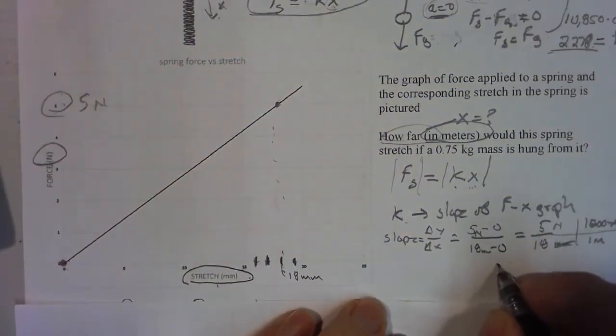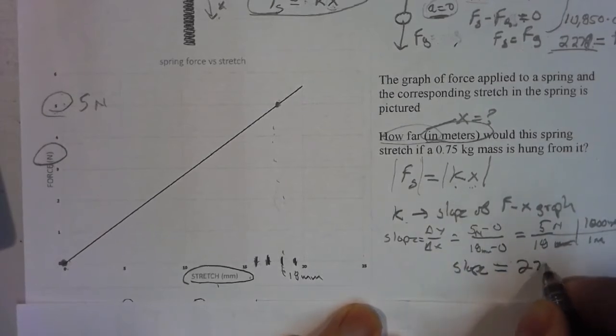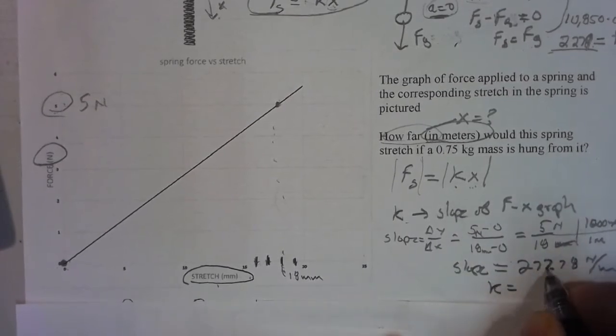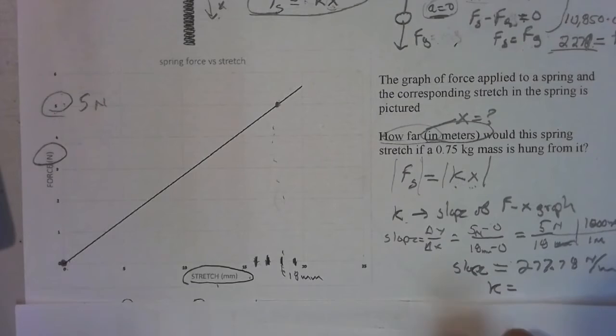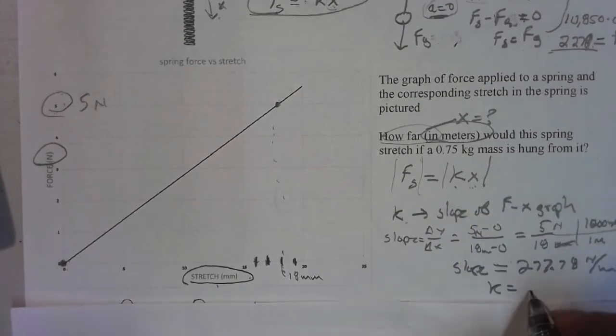So my slope equals 277.78 newtons per meter. So that's what my K is. K equals that. And now I can do the math to find x.